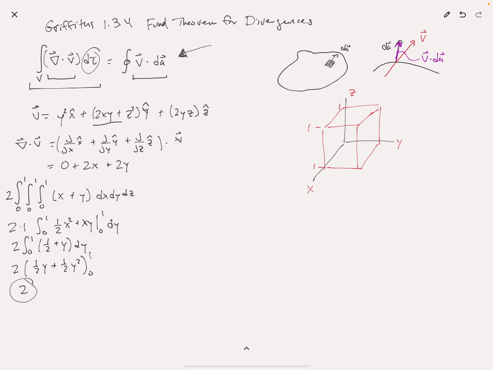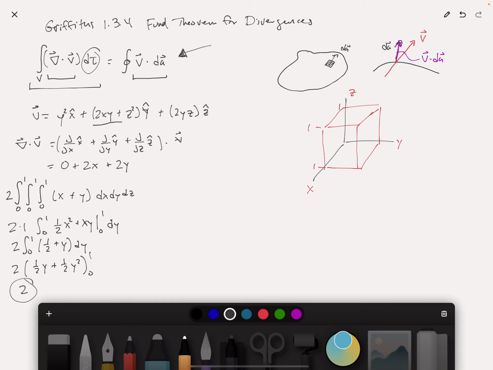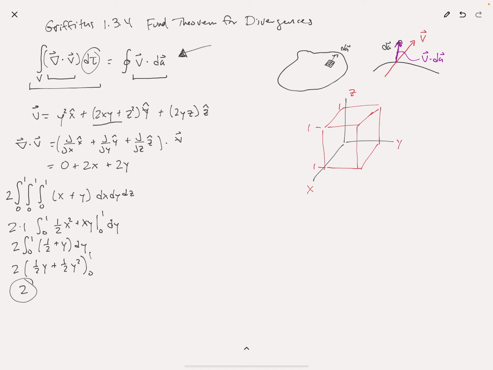So now we need to evaluate the field lines leaving perpendicular to all of our surfaces. For a cube, we have 6 of them. I will evaluate a few of those for us. Let's evaluate this surface first. We know what V is, and we need to determine what our infinitesimal area element is.